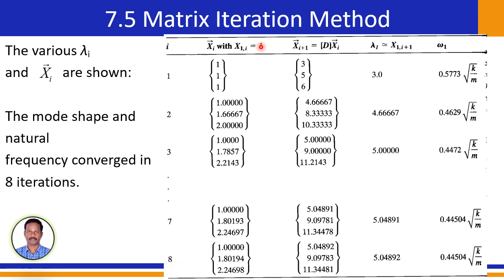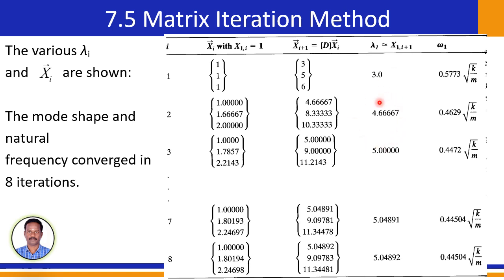The second column shows the normalized trial vector at the beginning of that iteration, where the first element has been set to 1. The third column shows the result of multiplying this trial vector by the dynamic matrix. The fourth column gives the estimated eigenvalue lambda 1, obtained from the first component of the vector in the third column before normalization. Finally, the last column shows the calculated natural frequency based on these eigenvalues.